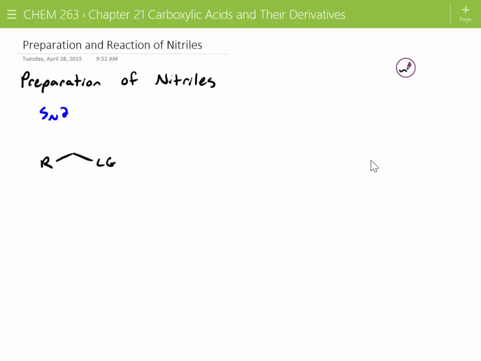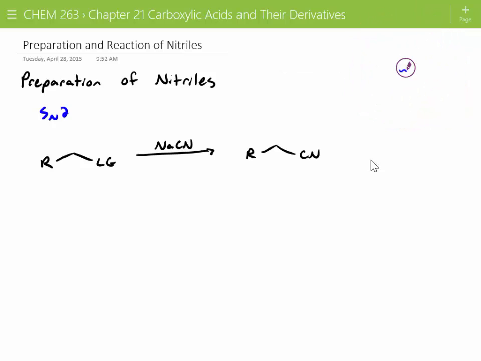So if we have some sort of leaving group off of an alkyl chain, we can react this with sodium cyanide, and we can directly make our nitrile group. So same SN2 rules apply. You have to have a primary or methyl alkyl halide. It won't work if you've got a tertiary alkyl halide. The backside attack is too hindered.